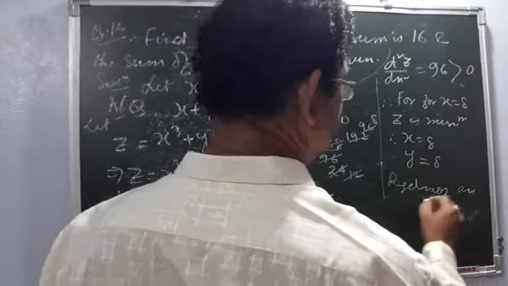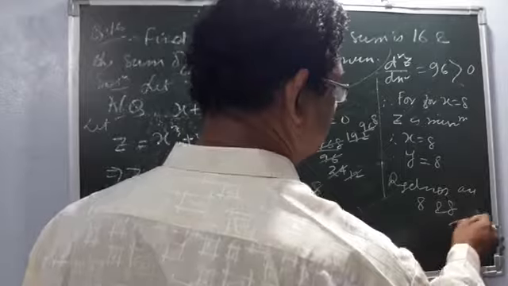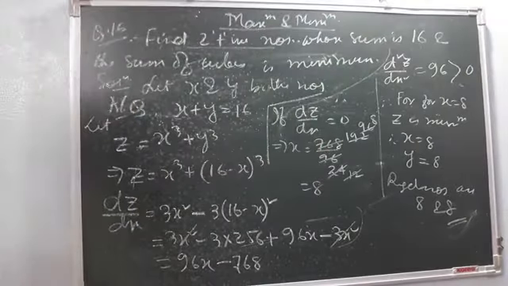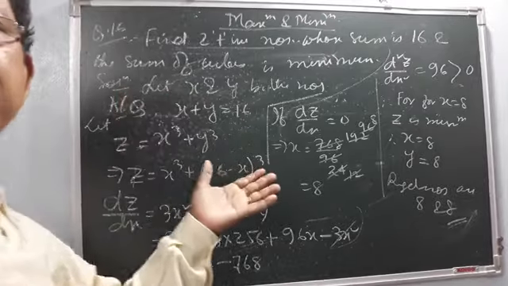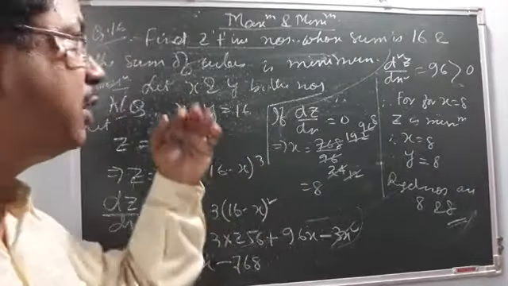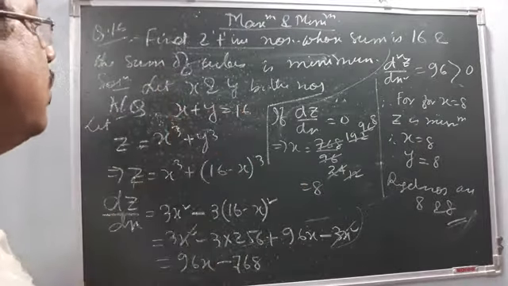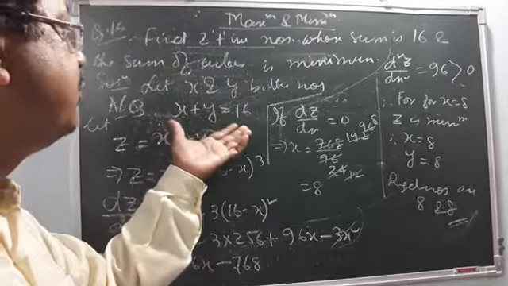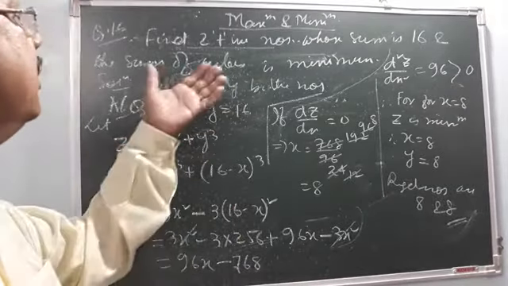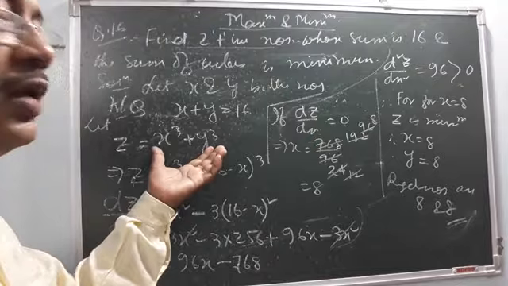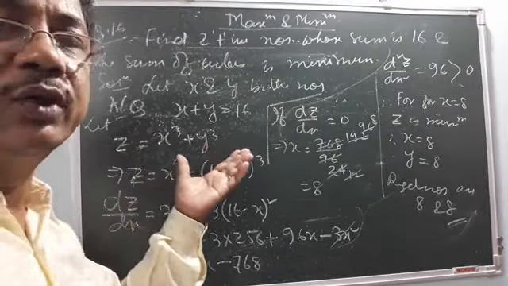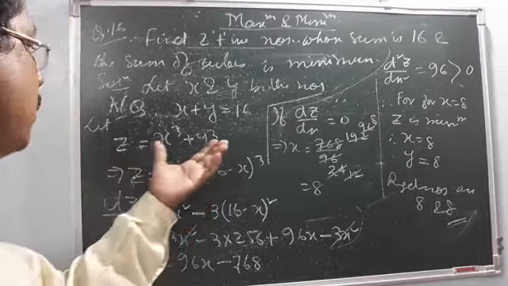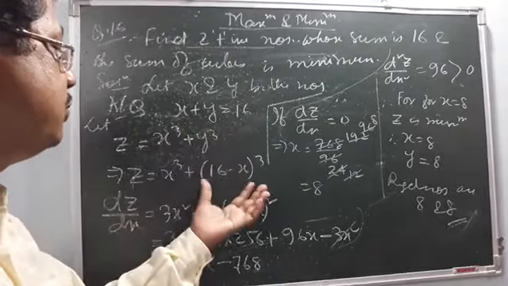are 8 and 8. Now students, I want to explain again. The rule is that we have used the second derivative test. Here two numbers we have taken, x and y. They said the sum is 16, yes we have taken. They said the sum of the cubes, x³ + y³, I have written, and our target is to make this minimum. So y we have to replace from this equation.